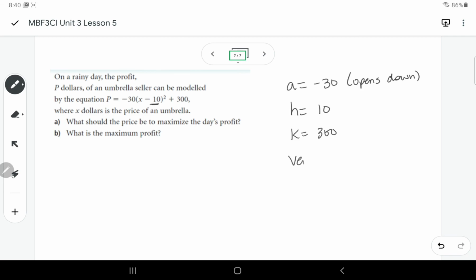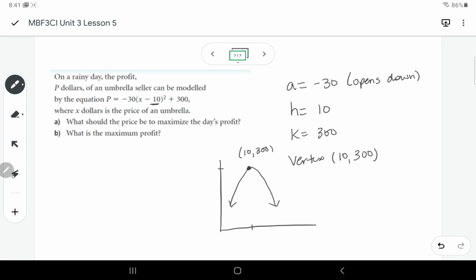So that means the vertex is (10, 300). So we know that this parabola will have a vertex somewhere around here. We don't have to worry too much about the scale, that this is (10, 300), and that it will be opening down.